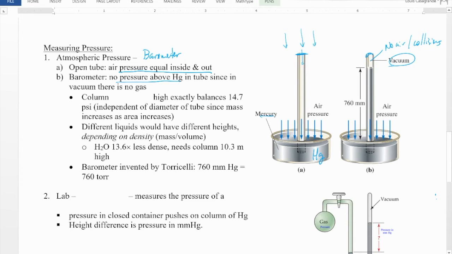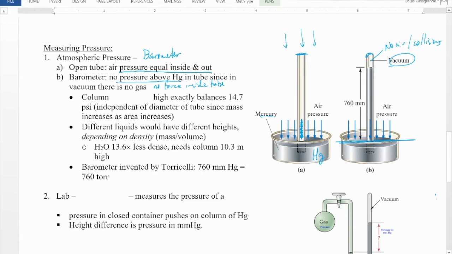Let's seal it off, remove that arrow, and remove this arrow down here. I can't erase it, but let's pretend that arrow doesn't exist. So now there's no weight, no force. Let's use force rather than weight. No force inside the tube.